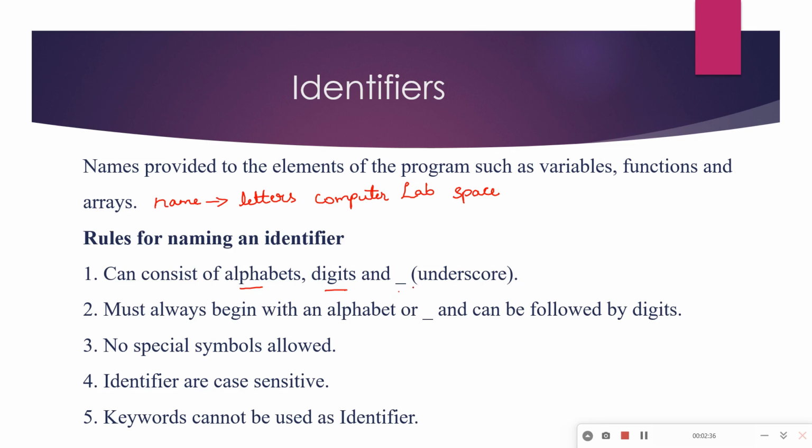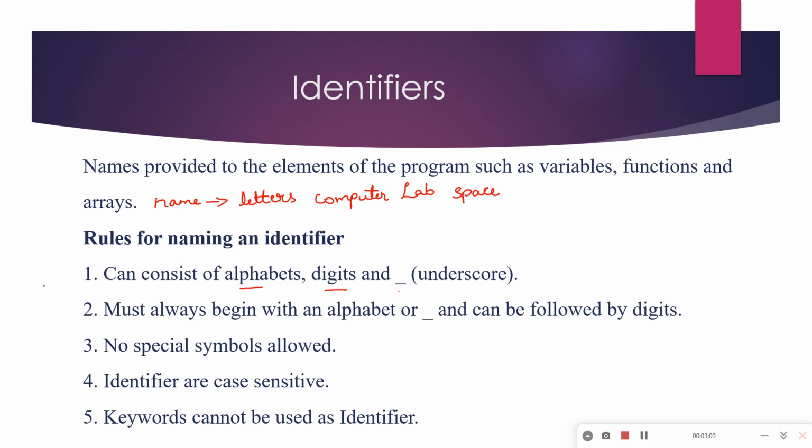Is it clear? No other symbol can be used as an identifier name. So it can include only alphabets, capital A to capital Z, small a to small z, digits from 0 to 9, and the underscore symbol. Then we have certain rules for naming an identifier.